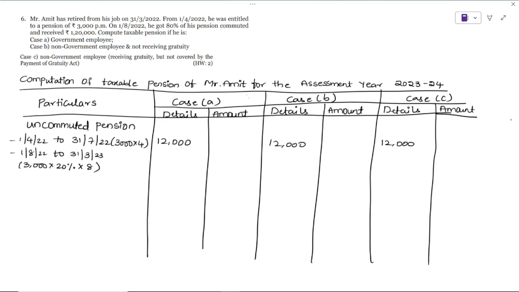So that's why I am telling, that's it, nothing more than that. 3000 into 20%, because 20% you will be receiving monthly now. 3000 into 20% into 8. So you will get 4800. Am I right? Yeah, right. So that also you write in details.